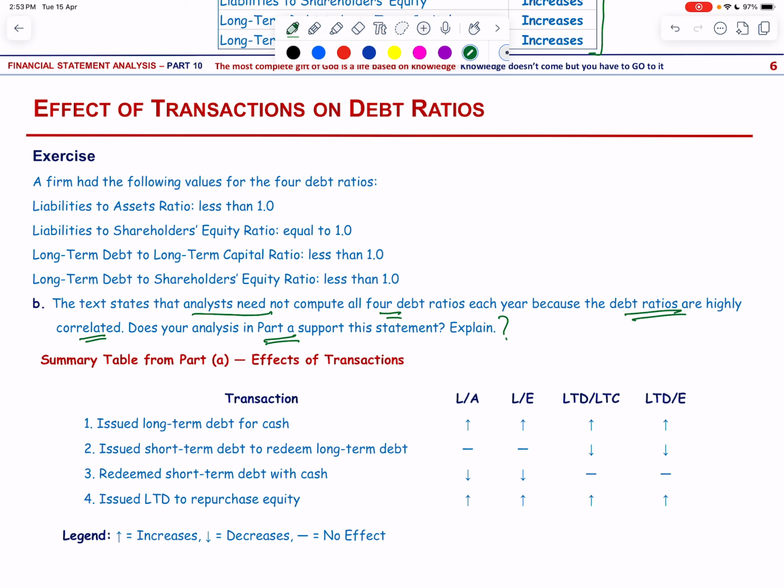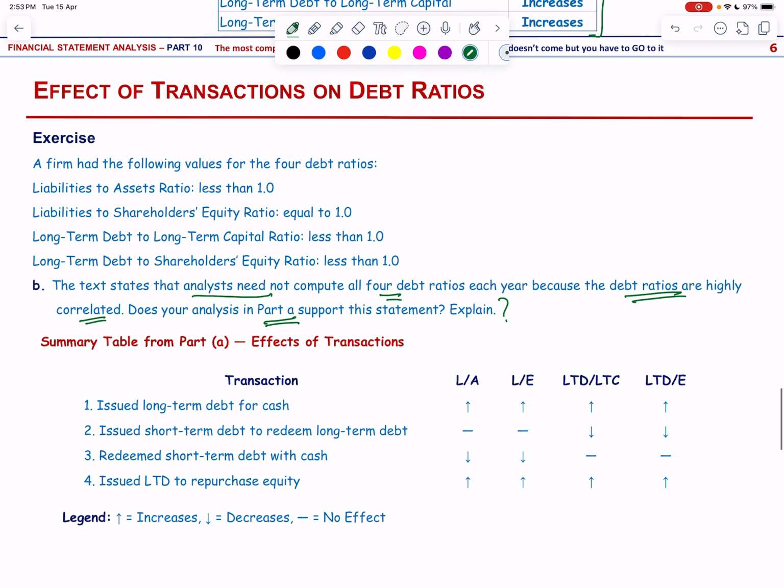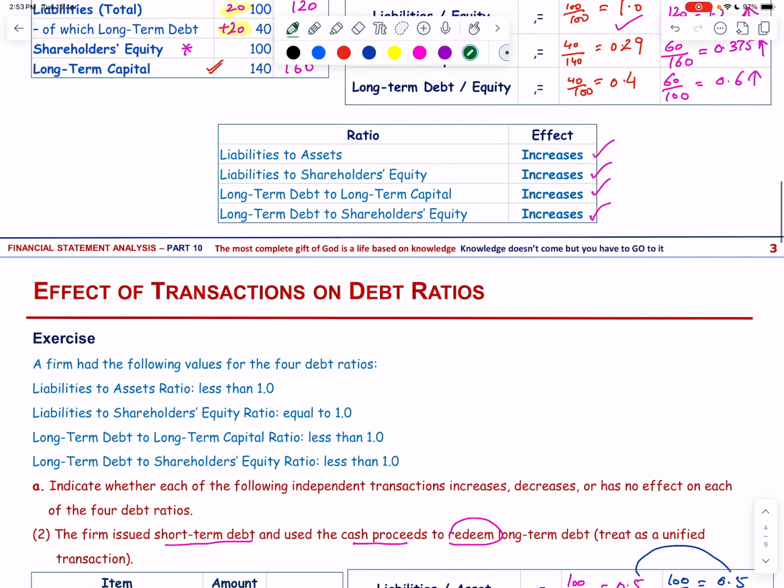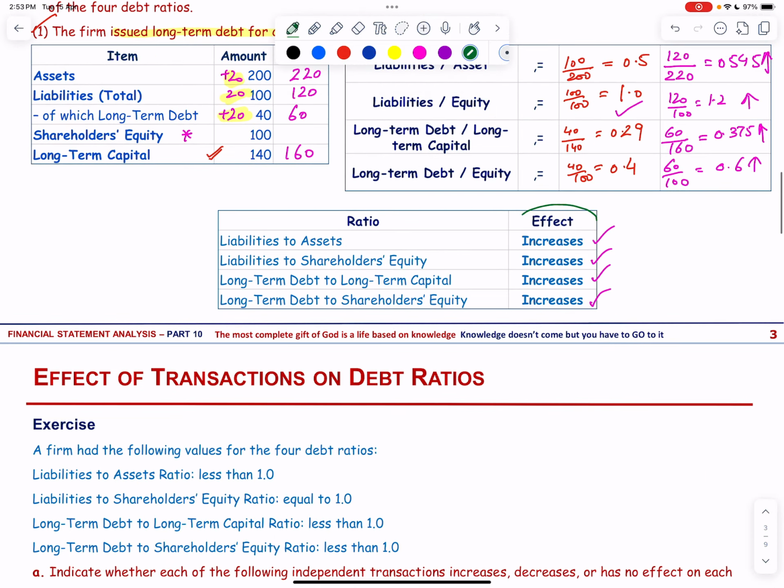And I have to explain it as well. Now you see, we have gone through the four ratios, and this has been put in this table over here. As you can see, the increase and decrease with the changes as they have been suggested in part A. So now, if you look into the first instruction, part number 1, you see all were increasing.